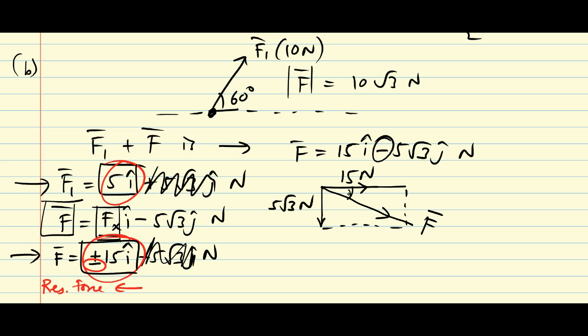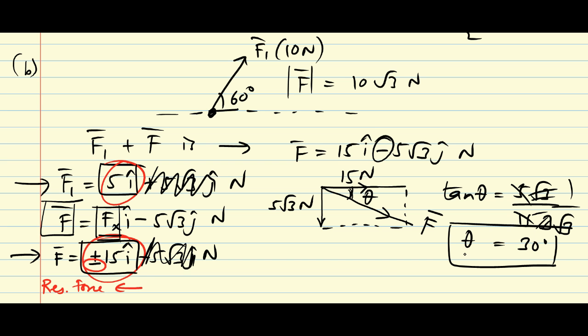Now I do require this angle, I'll call it theta, and just apply ordinary school trigonometry. Tan theta is 5 root 3 newtons divided by 15 newtons, so this cancels, it gives 3 here, this cancels, it gives root 3, it's 1 upon root 3, and the only acceptable answer for theta is 30 degrees.